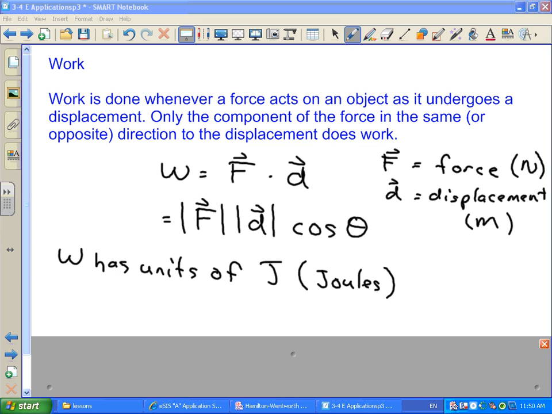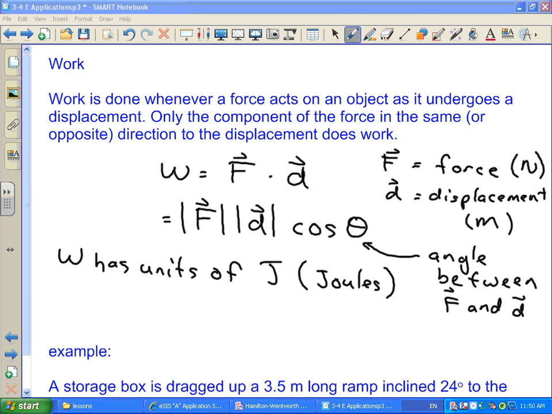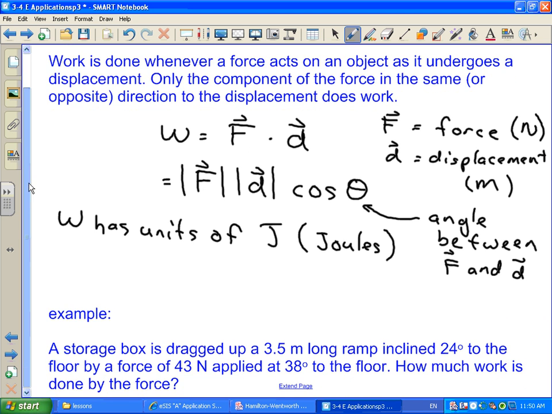Okay, which makes it roughly equivalent to an energy. Okay, and again, I should throw in here that theta is the angle between F and D. All right, the standard cosine of the angle between them. All right, so pretty straightforward.